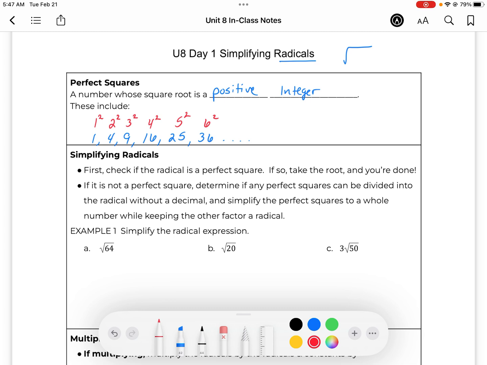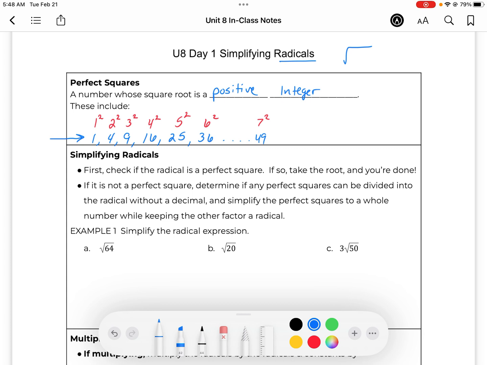And to find these perfect squares, you just keep squaring the next integer. So if we were to do 7 squared, that would be 49. So 49 is your perfect square. Perfect squares is this row of numbers. The numbers that we're squaring to get those would be their square roots.